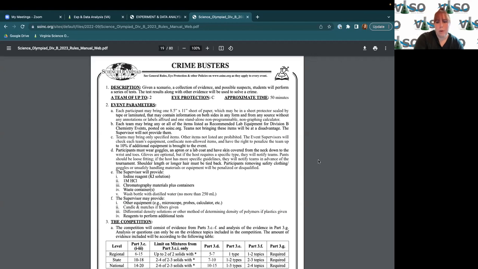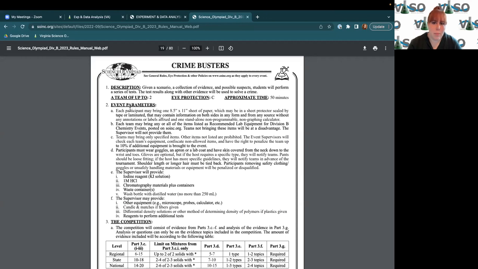You then have your event parameters, which is going to also have some key information about what students are allowed to bring or are required to have. So Crime Busters allows a cheat sheet, basically. Each participant, it may say participant, it may say team. You have to make sure that you read carefully to know what's allowed for each student or for each pair.